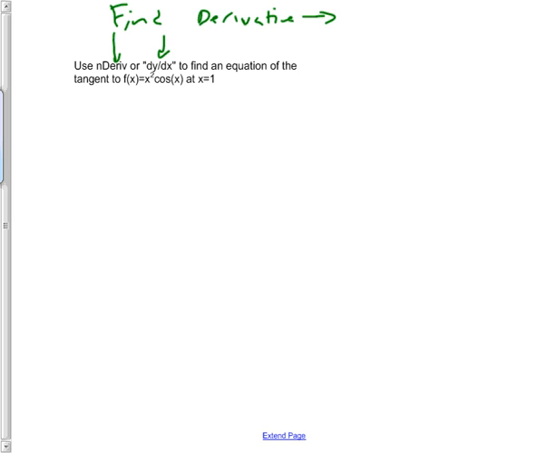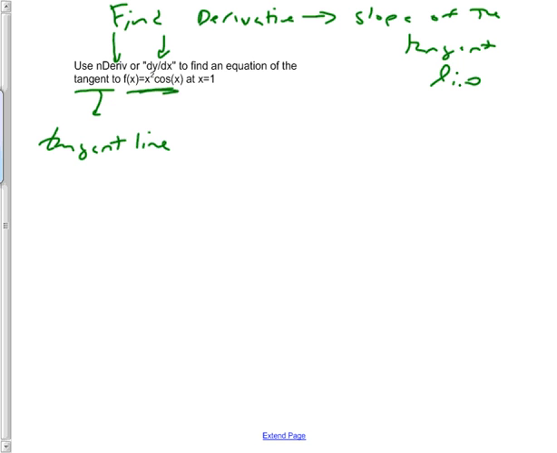Remember that the derivative is the slope of the tangent line. So we're going to use nDeriv or dy/dx to find an equation of the tangent line to this following function when x equals 1.